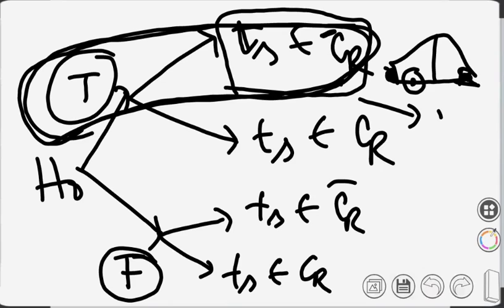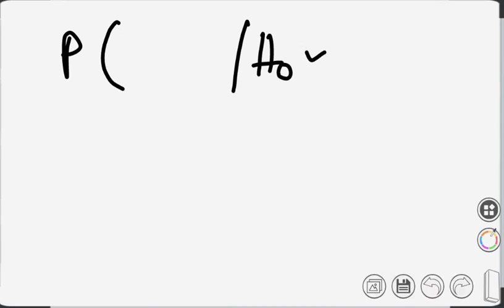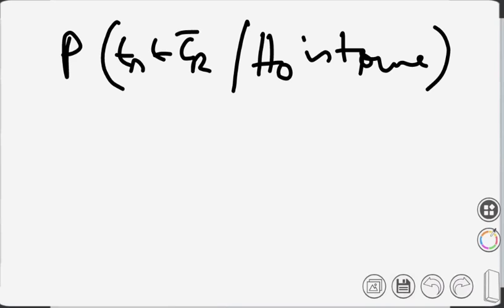So I can write this as a probability: the probability that the null hypothesis is true and TS belongs to CR bar.